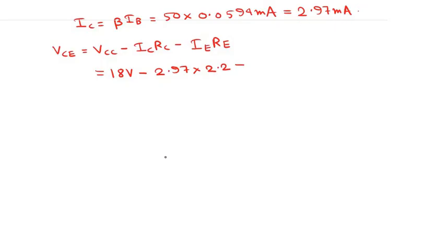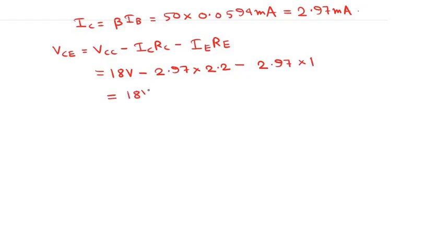Because beta is equal to 50, IC must be approximately equal to the emitter current. So IE is also approximately 2.97 milliamperes into RE, which is basically 1 kilo, so into 1.